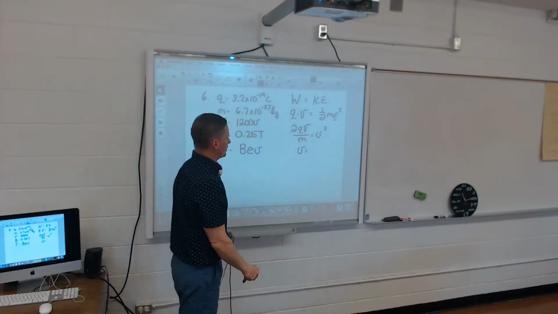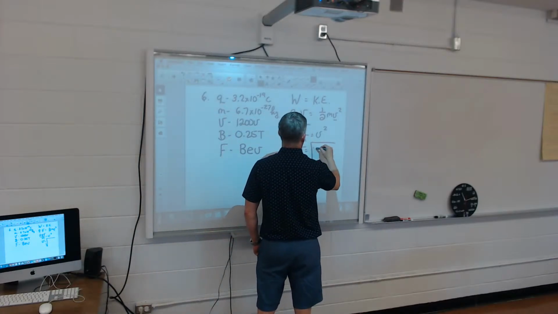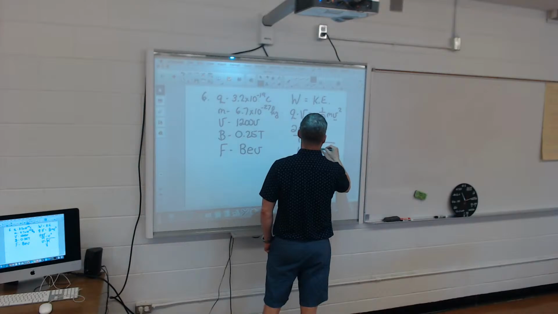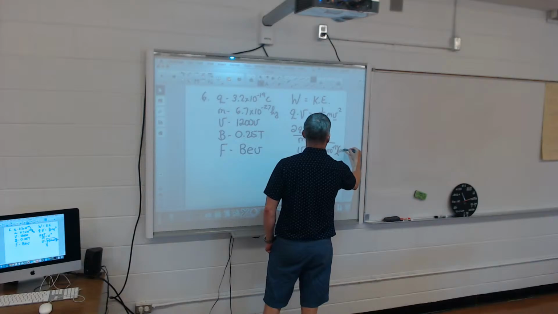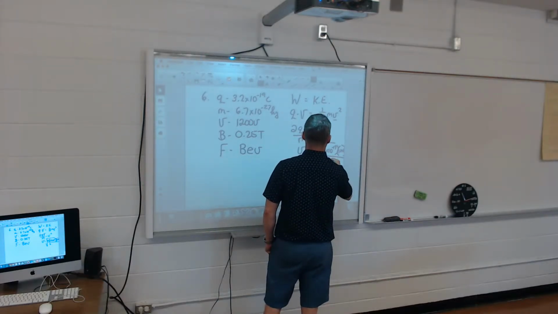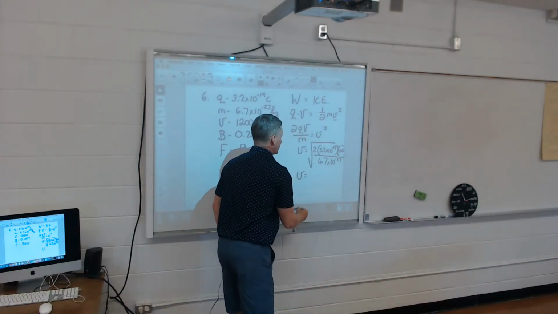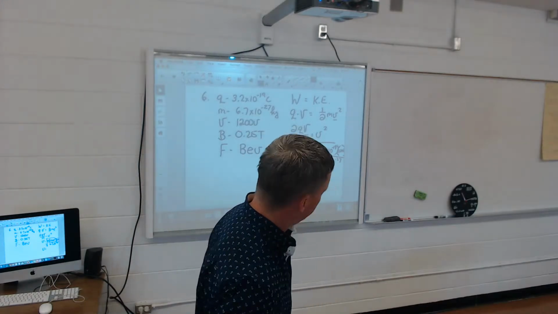So let's find out what our velocity is. Our velocity is going to be the square root of 2 times 3.2 times 10 to the negative 19 times 1200, divided by the mass of 6.7 times 10 to the negative 27. Let's get our velocity first. I'll work that through with you.